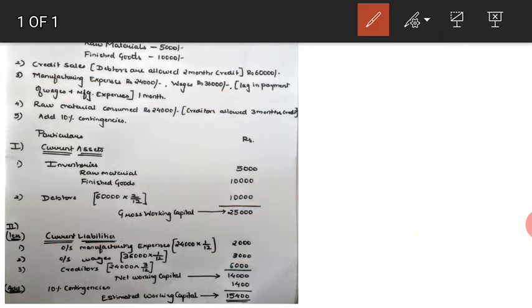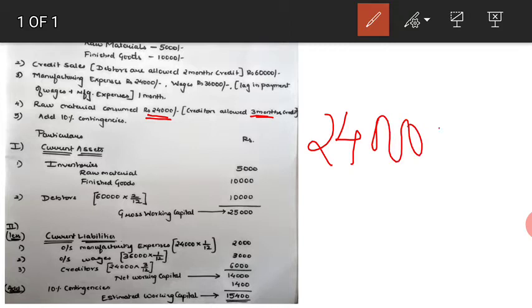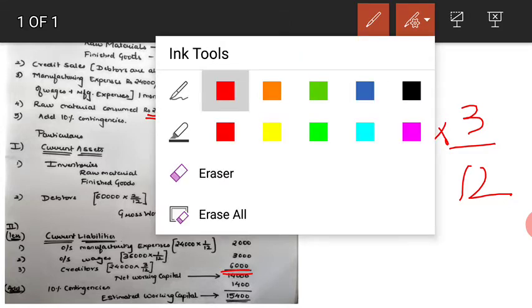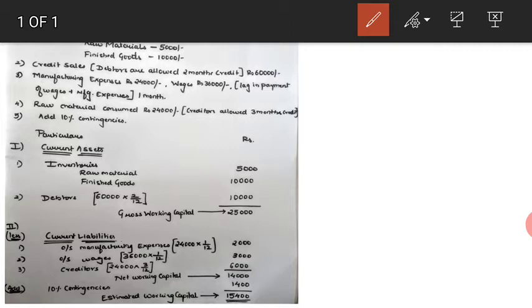Then we go for creditors. The raw material purchase is 24,000 and the creditors are allowed 3 months credit. So the calculation is 24,000 into 3 divided by 12, which gives you 6,000. So we have considered manufacturing expenses, wages and creditors. That means we are done with all the current liabilities.